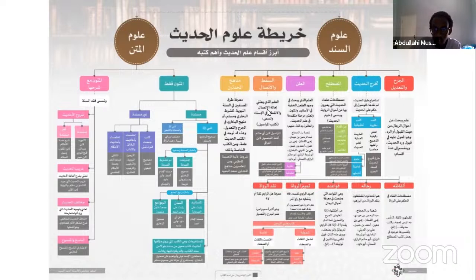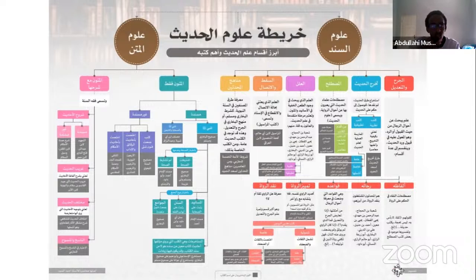And the last science within the ulum al-sanad is manahij al-muhaddithin. Manahij al-muhaddithin means the methodologies of the scholars of hadith. And what is understood from this subject is, for example, Imam al-Bukhari wrote Sahih al-Bukhari. So manahij al-muhaddithin will tell us, why did Imam al-Bukhari write this book?